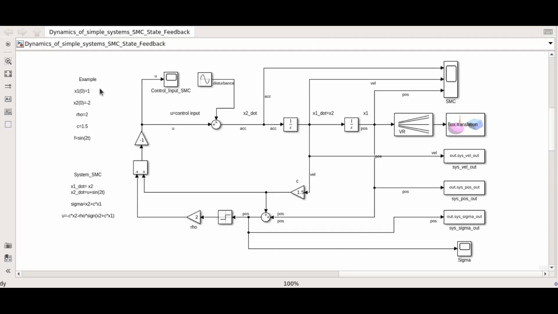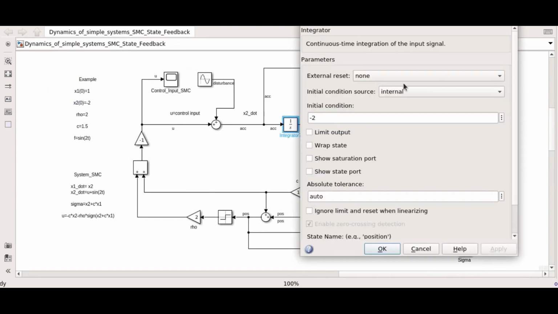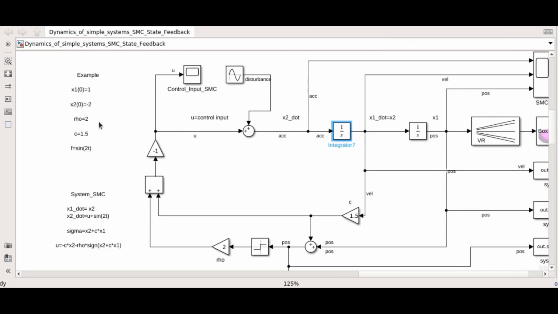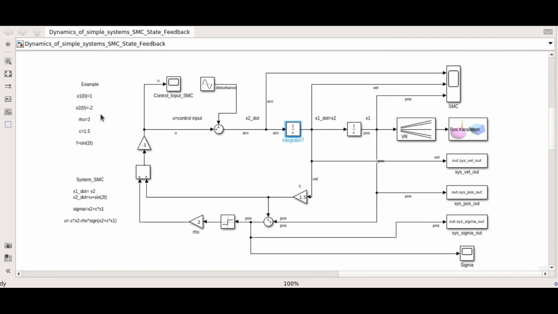So let us start with the simulation. The example that we have taken has initial position as 1, initial velocity as -2, rho as 2, c equal to 1.5, and the disturbance is sin 2t.